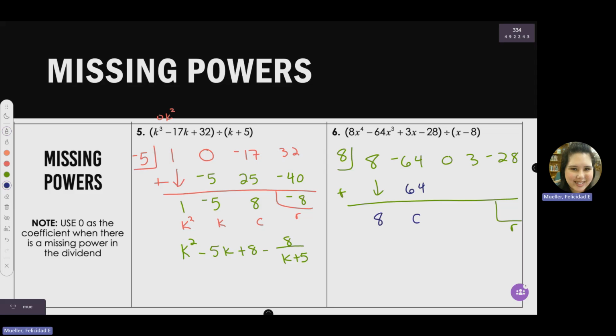We added that, we got 0. 0 times 8 is 0, plus 0 is 0. 0, 3 plus 0 is 3. 3 times 8 is 24. So we get -4. So remainder, constant, x squared, x cubed. So my answer is going to be 8x cubed plus 3 minus 4 over x minus 8.